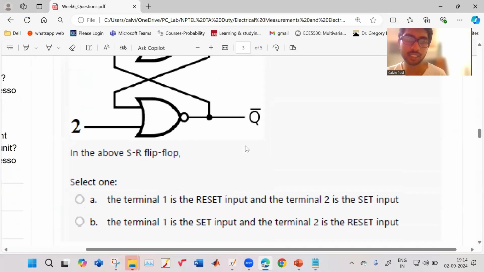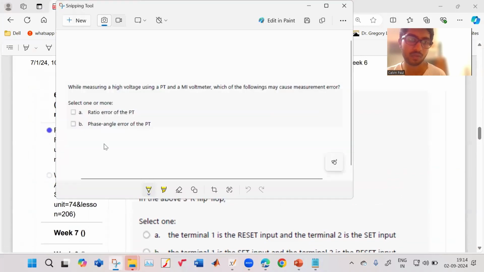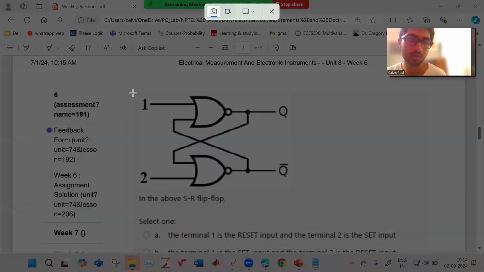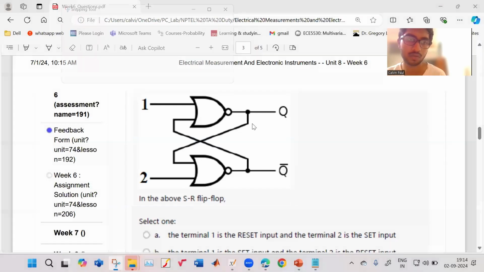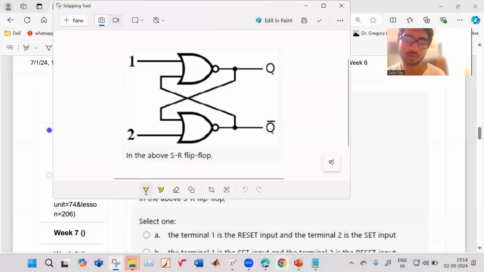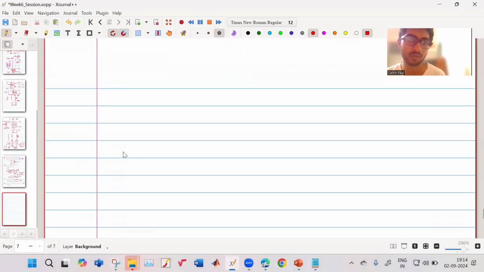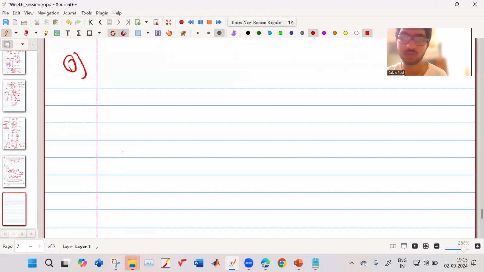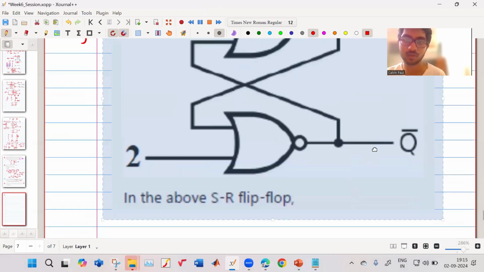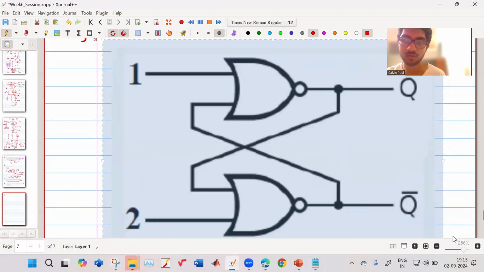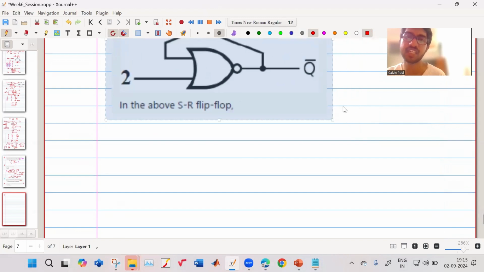Okay, so we will consider this circuit now. So which is my set and which is my reset?